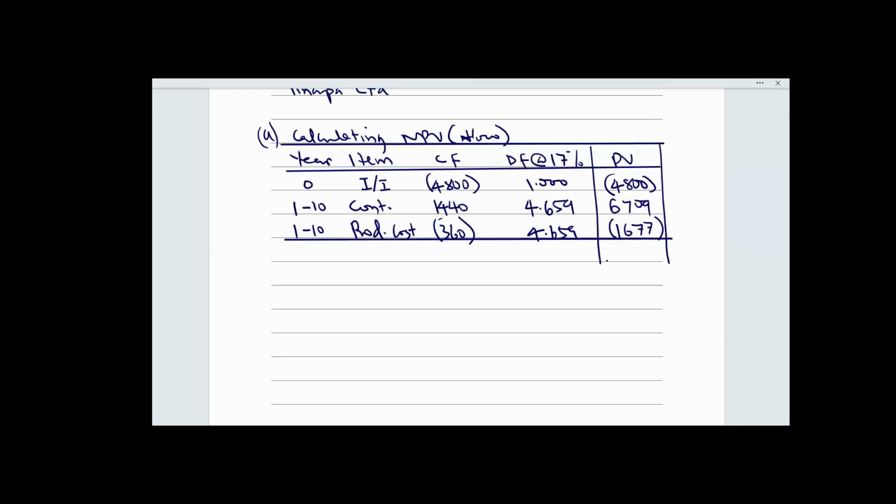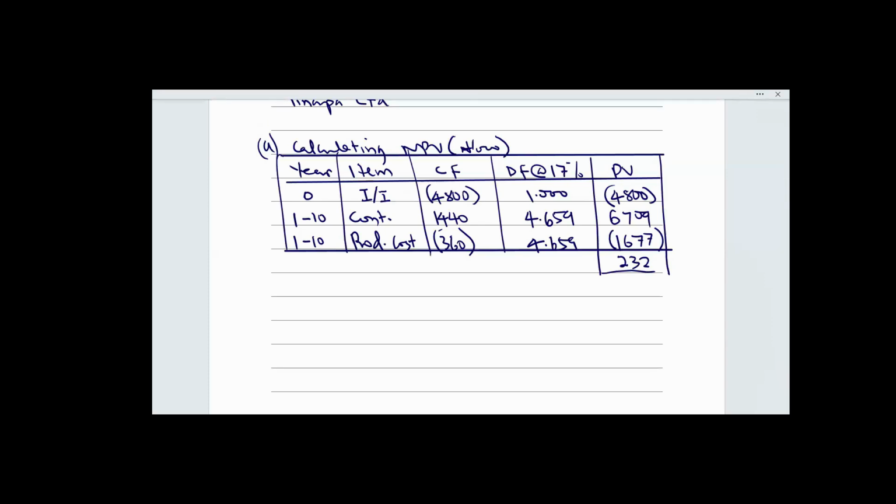NPV will then be equal to 232,000. Okay. So now the examiner is asking us in the A requirement that we should advise whether the investment proposal is worthwhile.